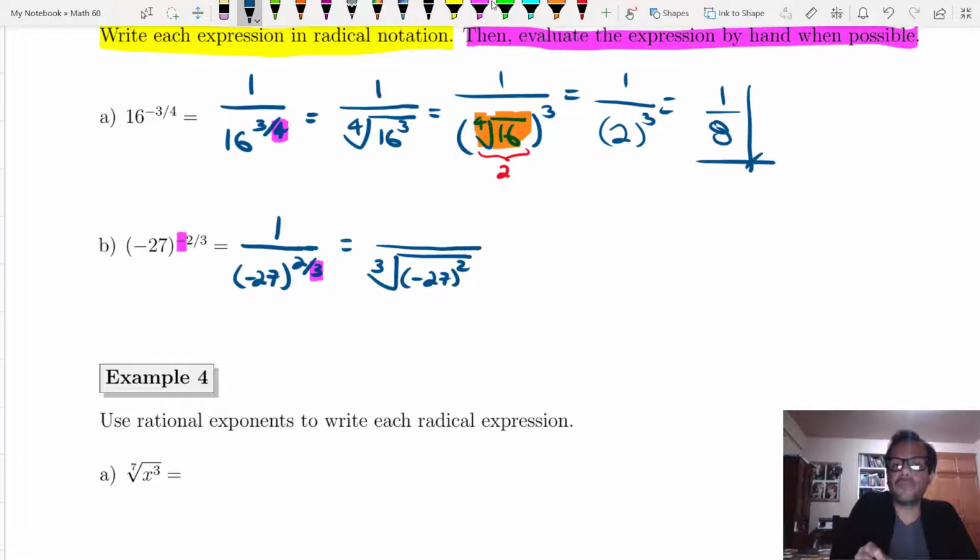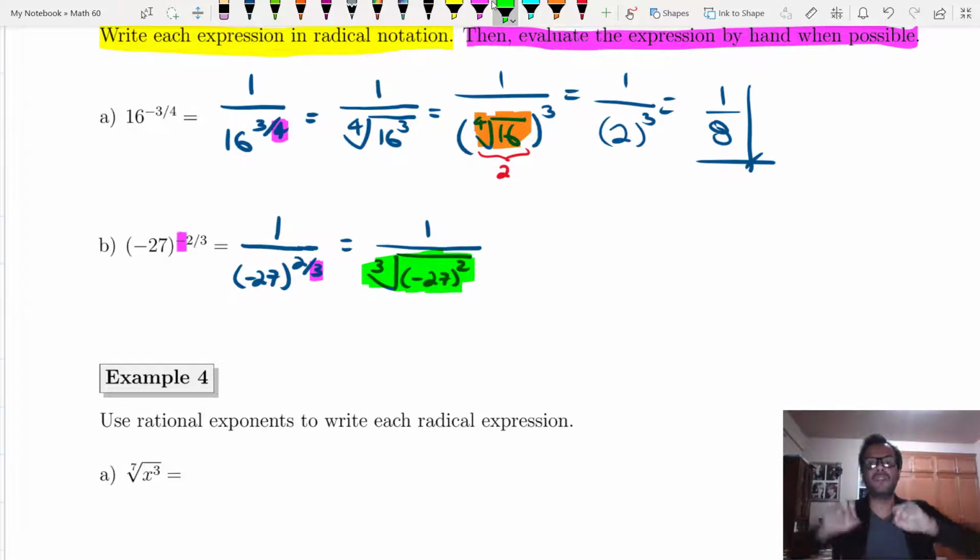It looks like this is one we already did on the previous page, I believe. Let me check that. Yes, I believe we did that already. I'm not going to give you the answer right away, so I'm going to work it as if we didn't do it. Again, keep in mind that the one I'm highlighting in green is hard to evaluate, because you don't want to evaluate negative 27 to the second power to get a big number and then try to figure out a number whose third power equals that huge number.